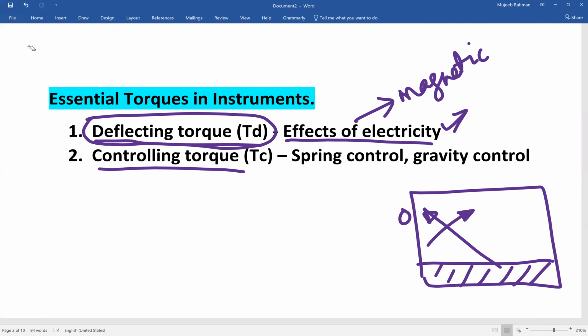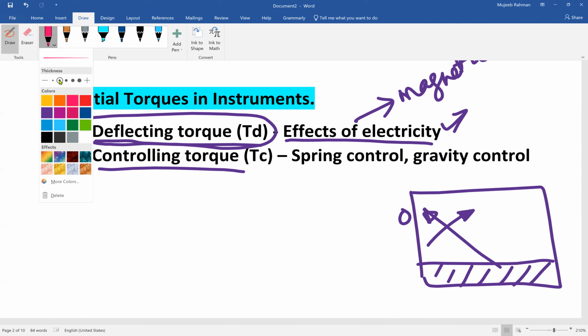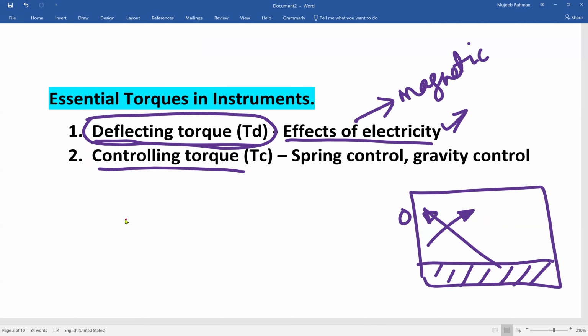Then if you disconnect the supply, or if you disable the circuit, the pointer has to return back to the original position. In order for the pointer to return back to the rest position once the circuit is disabled, we are supposed to have some counter torque. That counter torque is provided by a torque called the controlling torque.